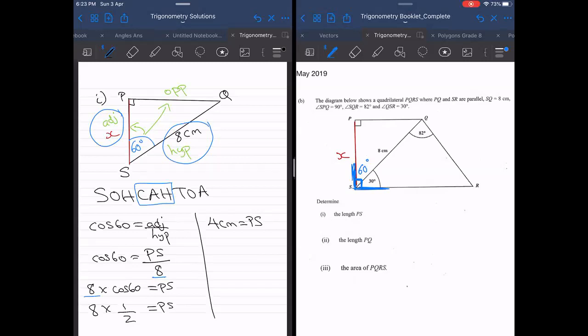We were able to see that the bottom part, even though they didn't give us the right angle, we see a vertical line intersecting the horizontal. So we know that that was also 90.